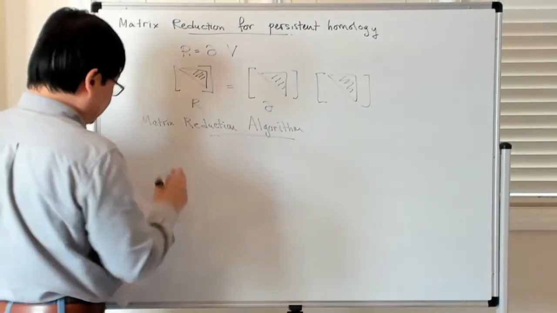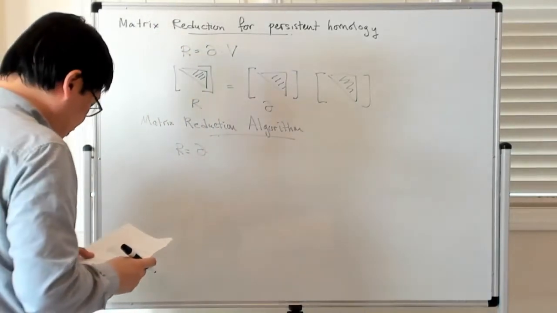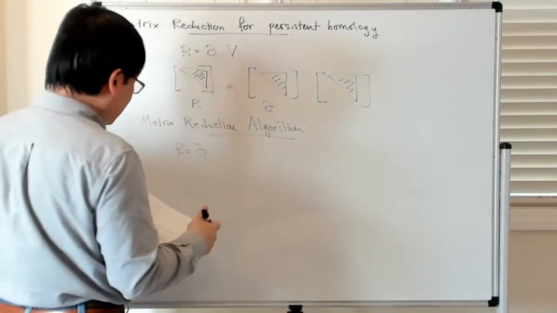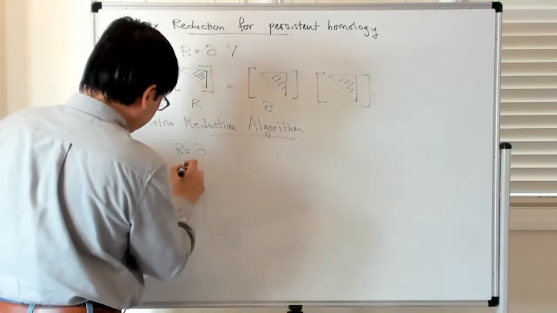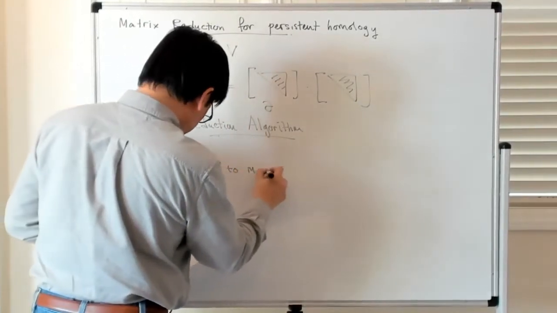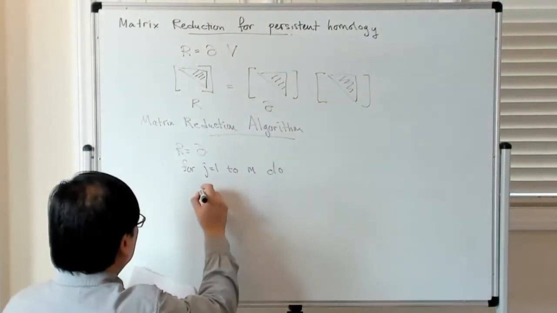You start with R equal to the boundary matrix. If you recall, there were m rows and columns, so you go one by one. For j equals 1 to m, you do the following.